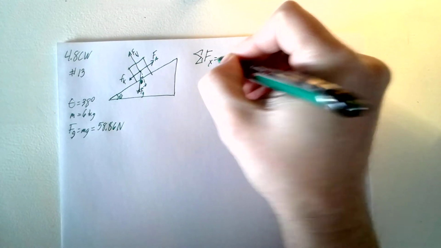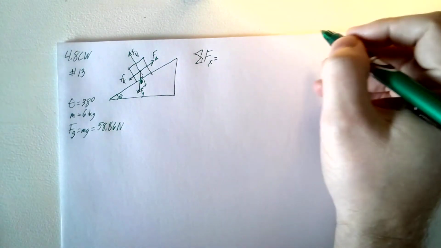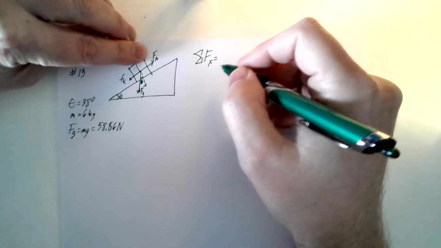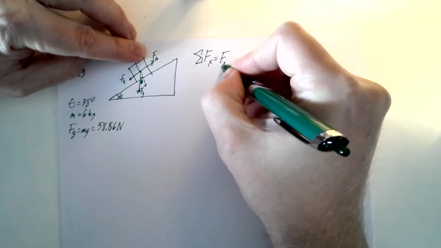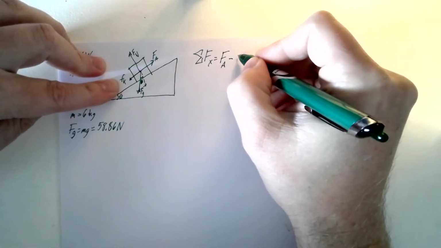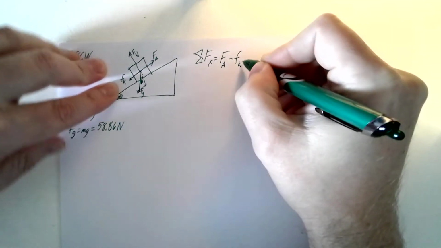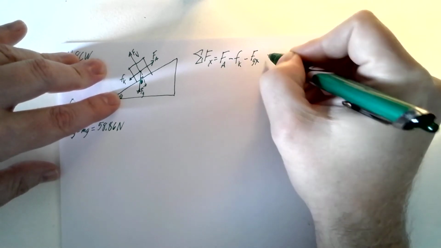Alright, so our two net force equations. We have Fx. So let's say up the slope is positive, so we have that applied force. And then in the negative direction we have two forces. We have our friction acting against the movement, and we have our Fgx.